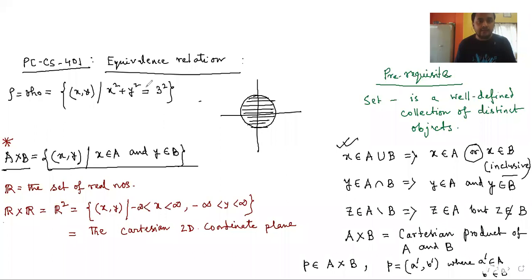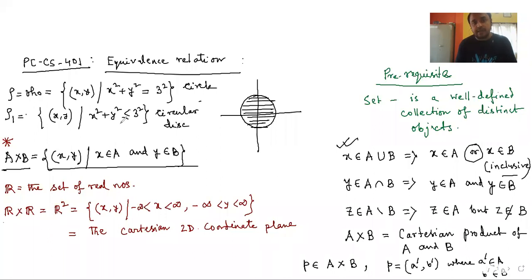I am actually considering the boundary points of the circle only. Or you can consider another set which contains all the ordered pairs x, y such that x square plus y square is less than or equal to 3 square. Then this will denote the circular disk.